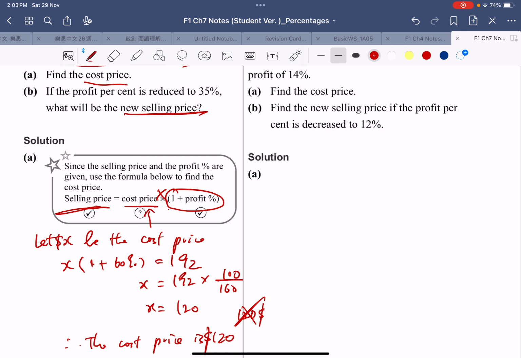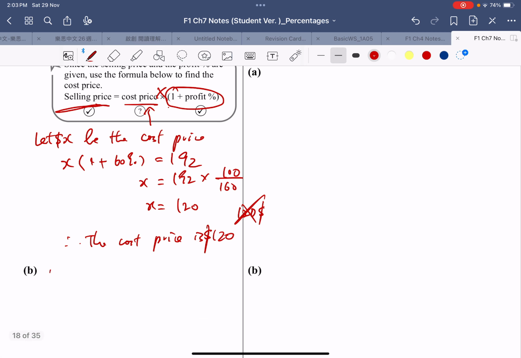I write down new selling price equals, the cost times 1 plus 35%. You're going to make this profit percent, and then the new selling price will be 162. That's it.